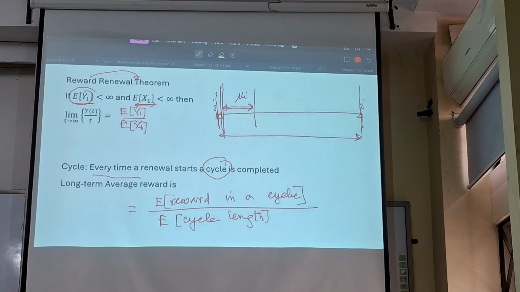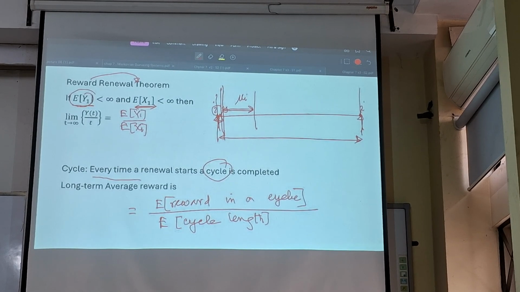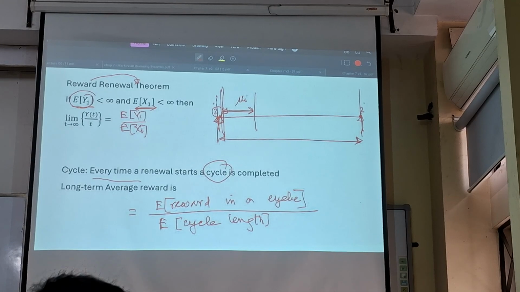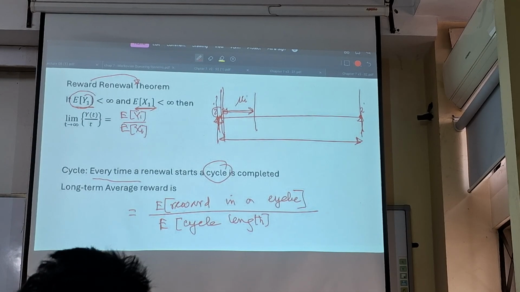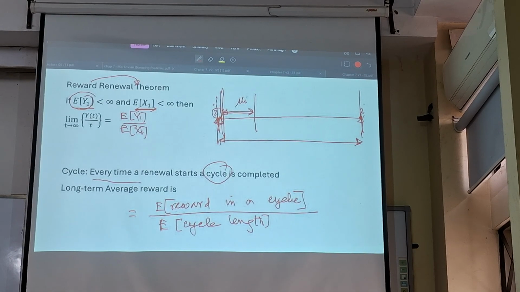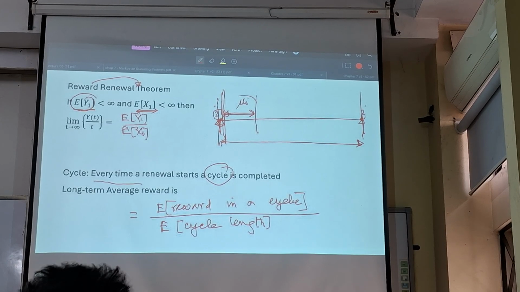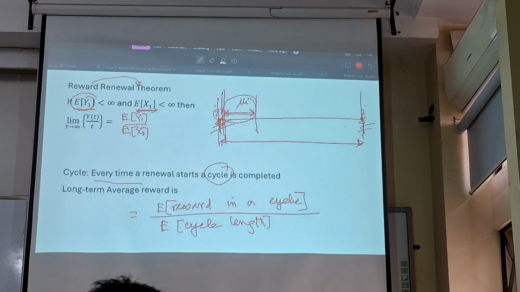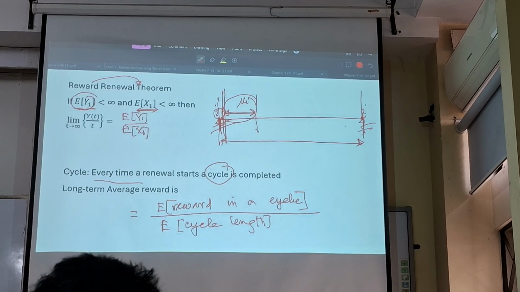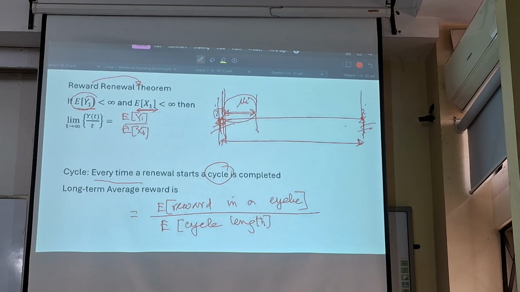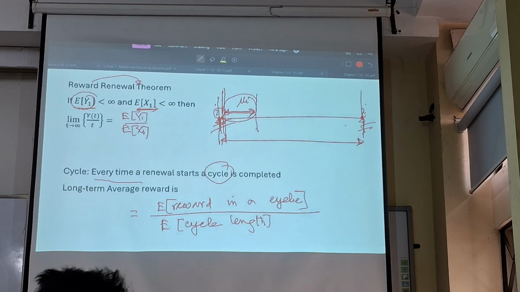Starting from I, just before I. So the process was in a state I here, and just before going to the state I, you can consider. Or after leaving here, just as it enters I, is fine. And the amount of time the process will be in a state I is this one. Because in between, here to here, the process never entered into a state I. So the reward is this one.